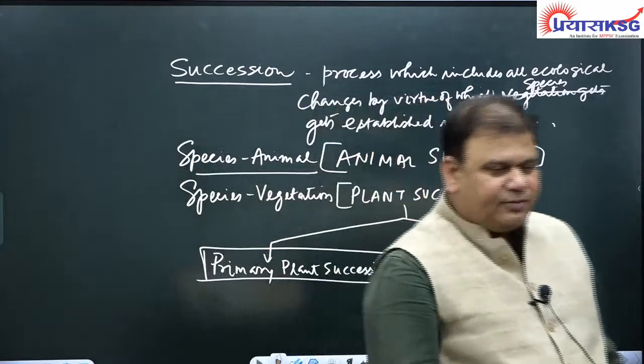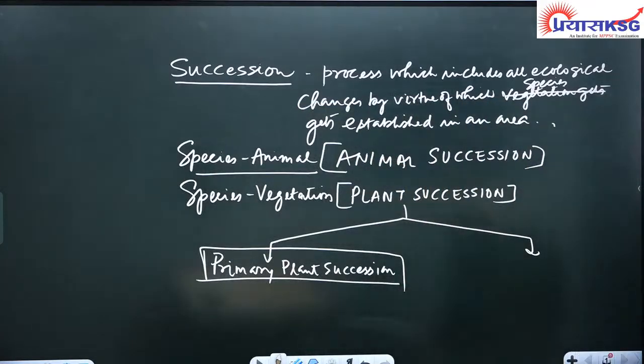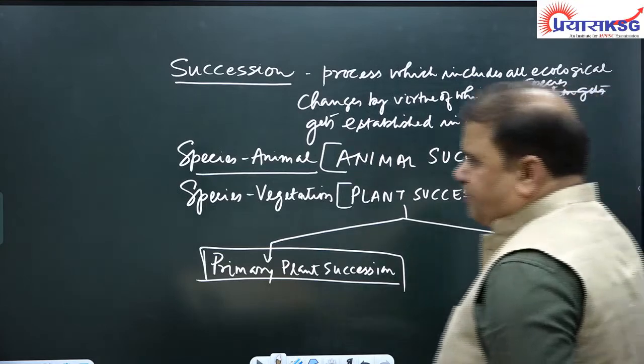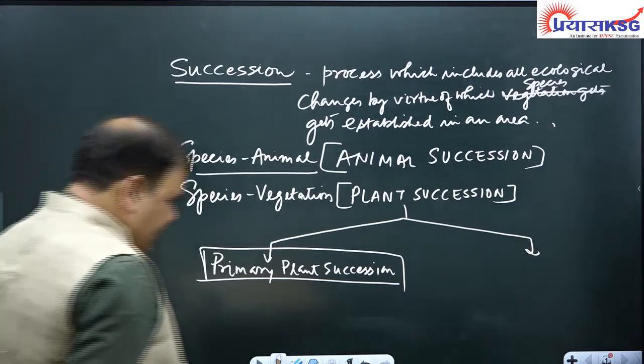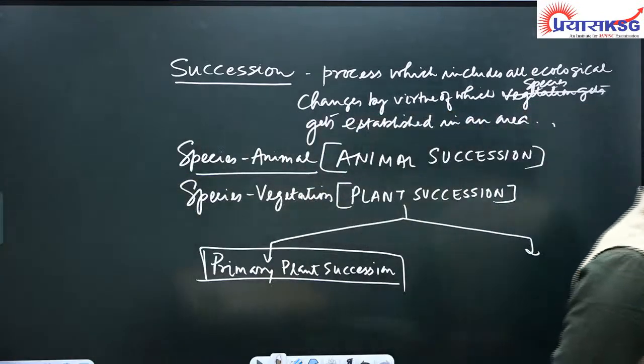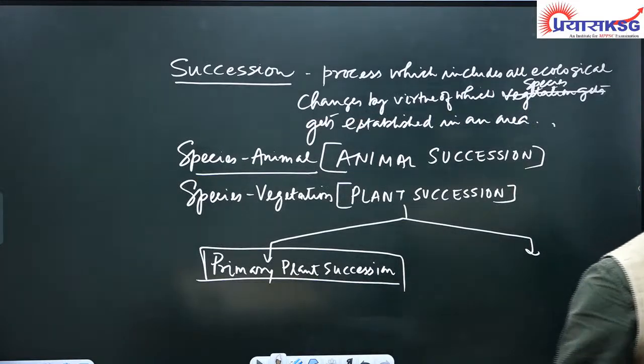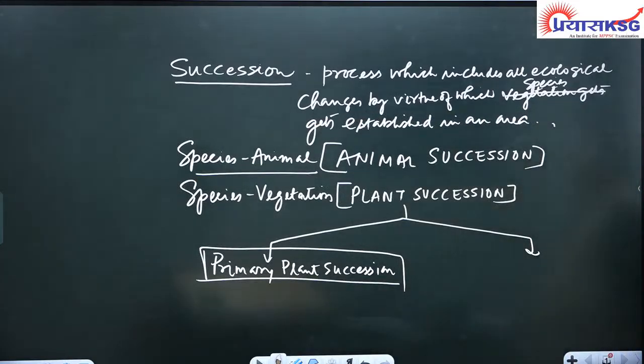Primary plant succession is the establishment of vegetation in an area where there was no vegetation from the very beginning.